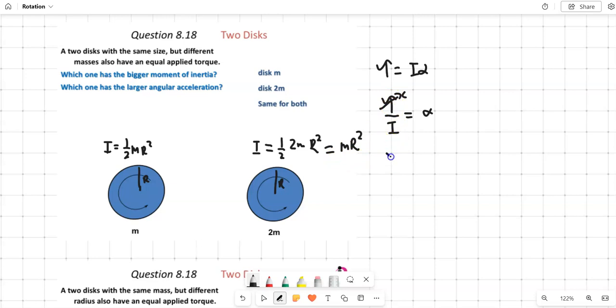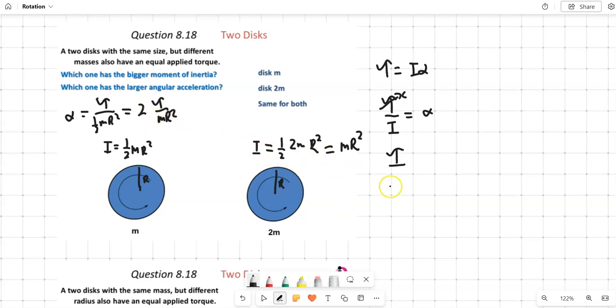So since both torques are the same, this torque over this moment of inertia, which is 1/2 m r squared, is what alpha is equal to. This 2 is going to go up top, so this is now 2 times the torque over m r squared.